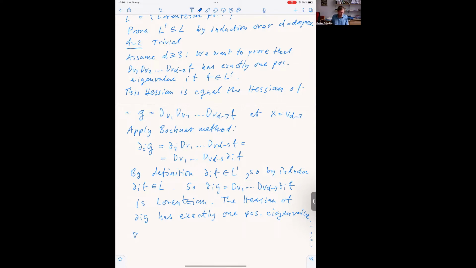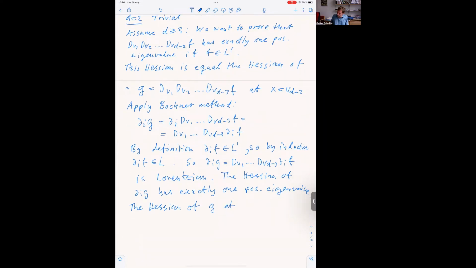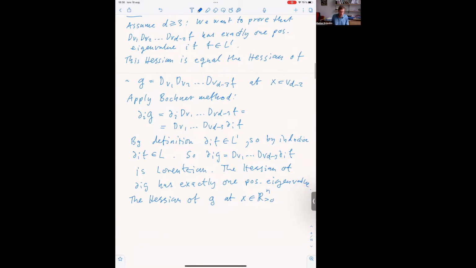So the Hessian of G at x, then I claim that this is regular. And why?